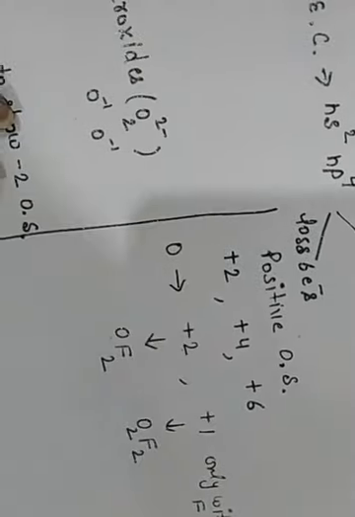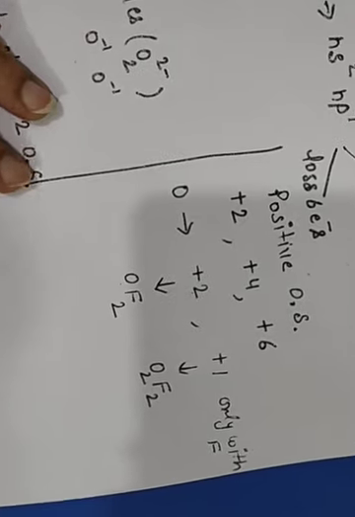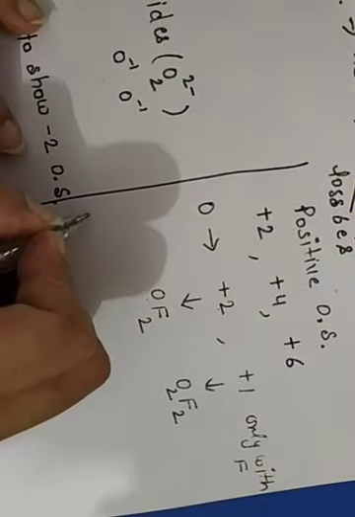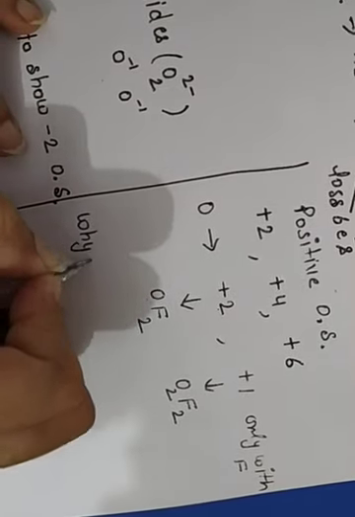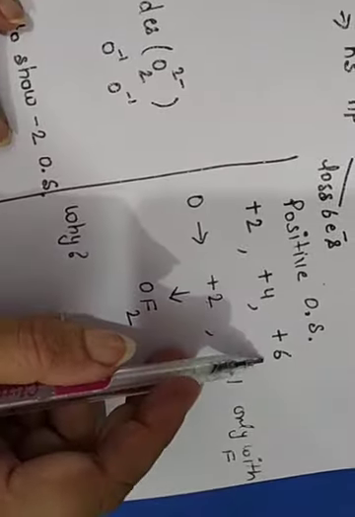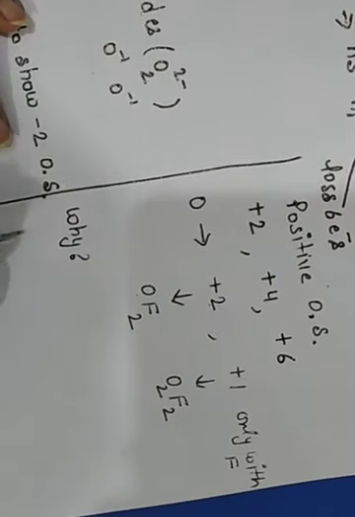Now other elements show +2, +4 and +6 oxidation states. Why do they show these oxidation states, that is +4 and +6, but oxygen does not?